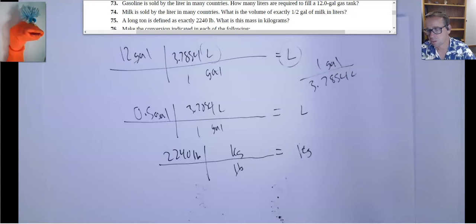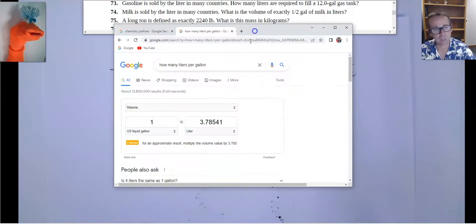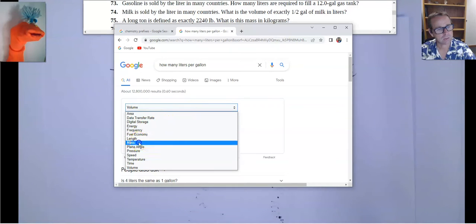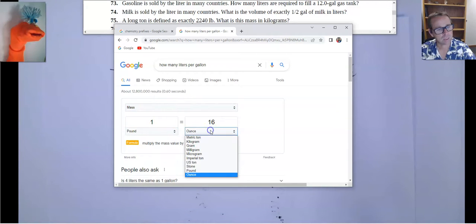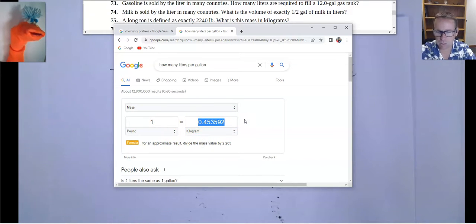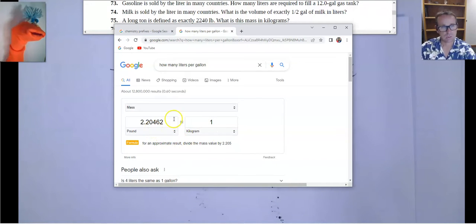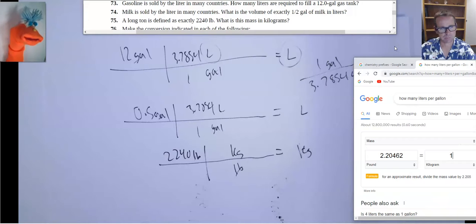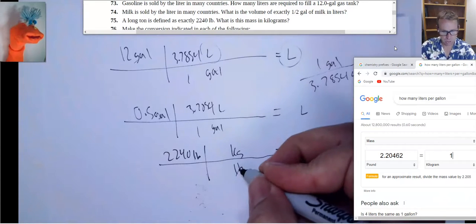All right, I identify how many pounds there are in a kilogram. 1 kilogram is 2.204 pounds. So where does my 2.204 go, on top or the bottom? On the bottom. That's right, it goes with the pounds.